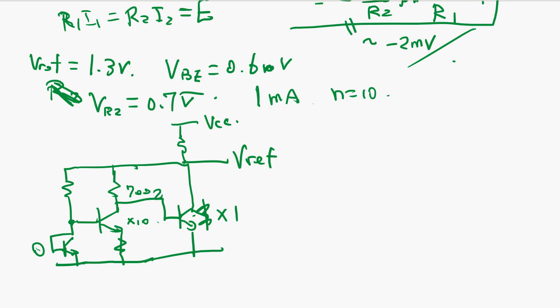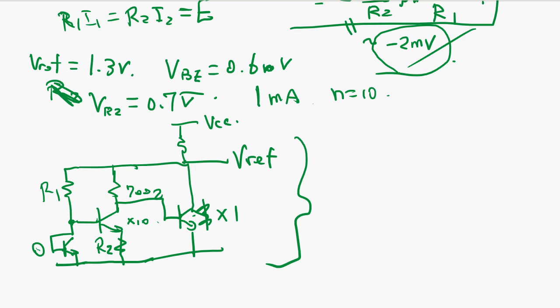Okay, so we have to determine R1, R2. You can go through this exercise and try to adjust it to be negative 2 millivolt per degree. Then you're done.